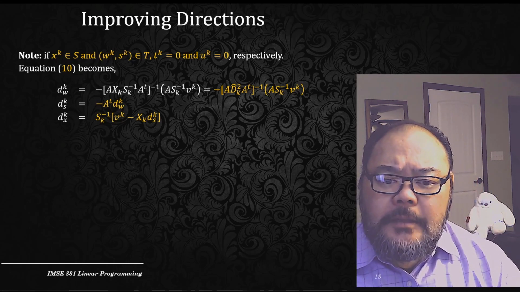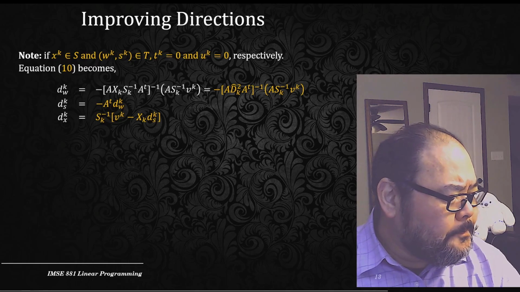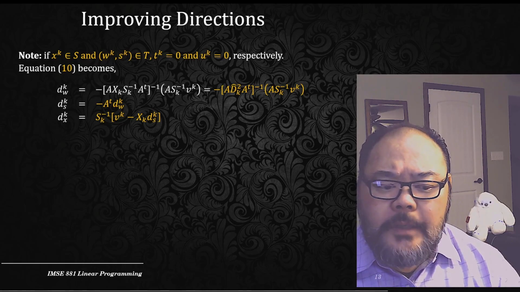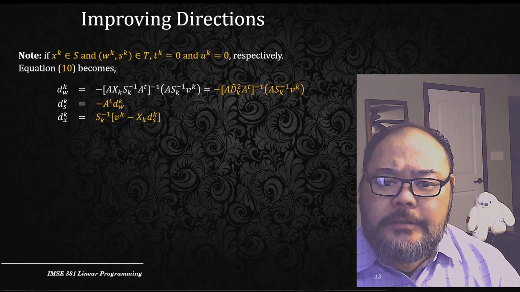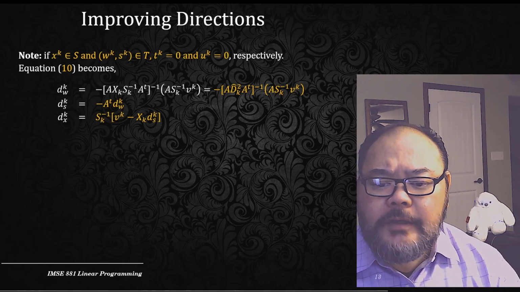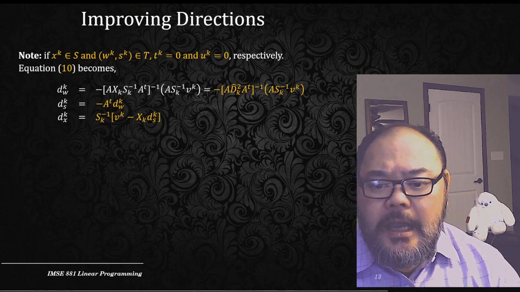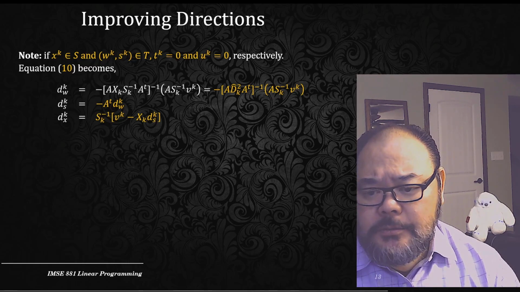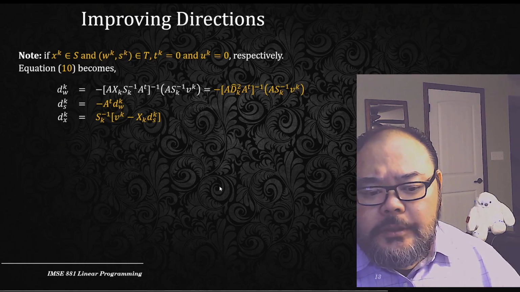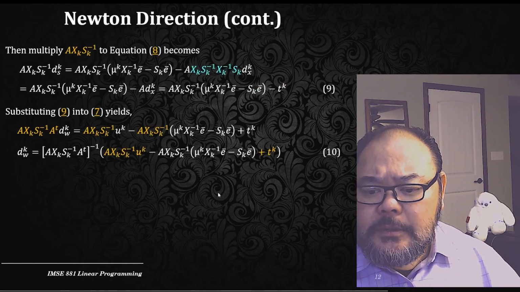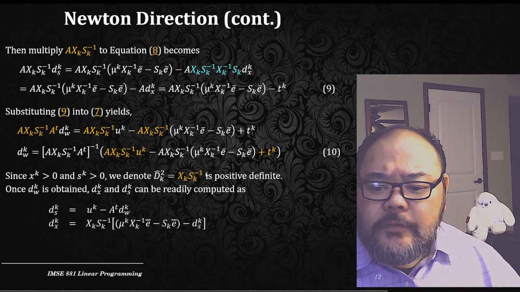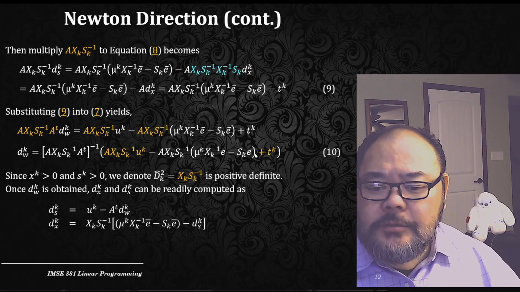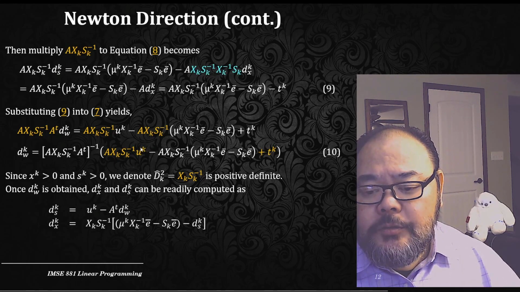Why is that? I want to discuss this a little bit. The whole development so far represents the so-called primal and dual affine scaling method, which does not have to start with a feasible initial solution. The only thing that will be different, if we look here, is that if it's not primal feasible, then tk will not be 0. If it's not dual feasible, then mu k will not be 0.